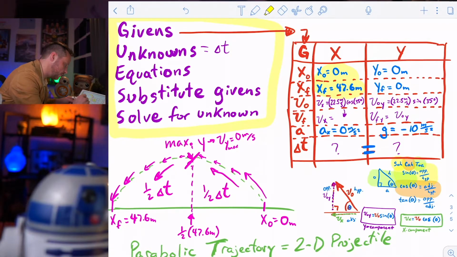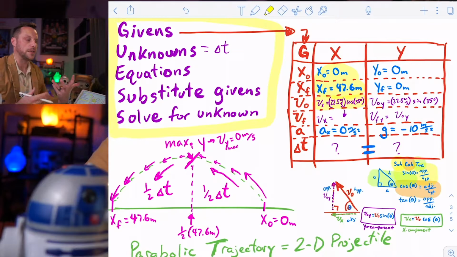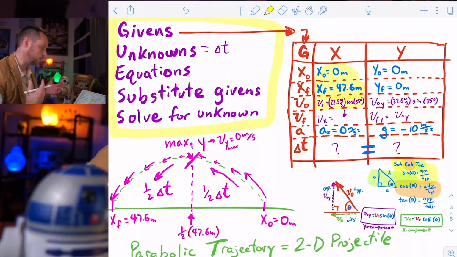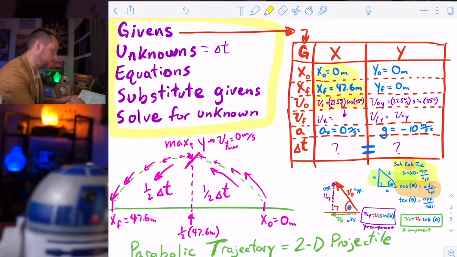We have an initial x velocity, which is going to be the launch velocity times cosine of the angle that R2D2 was launched at. So it's going to be 22.5 meters per second times cosine of 35 degrees.